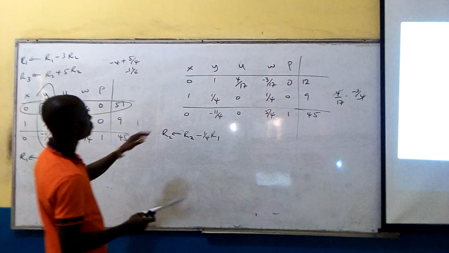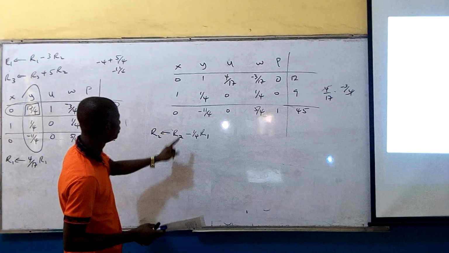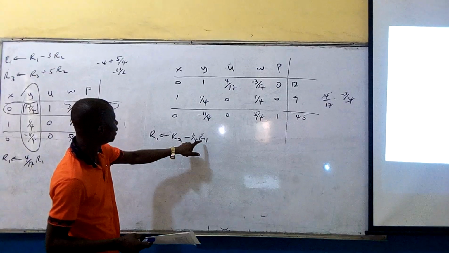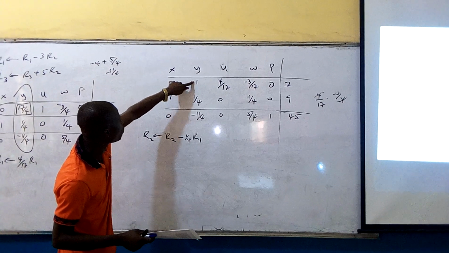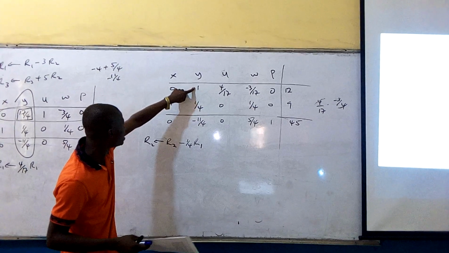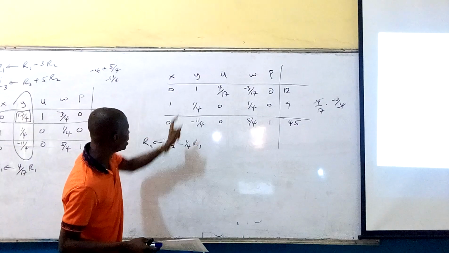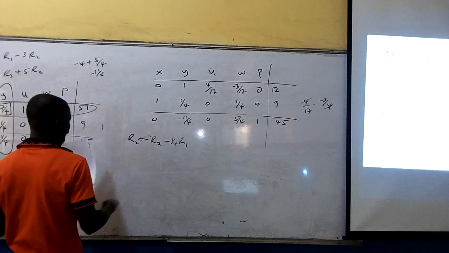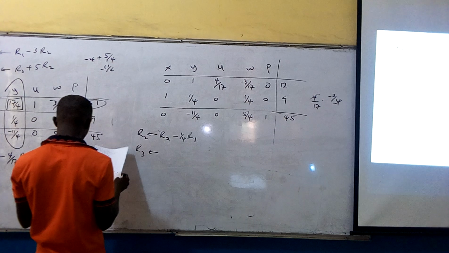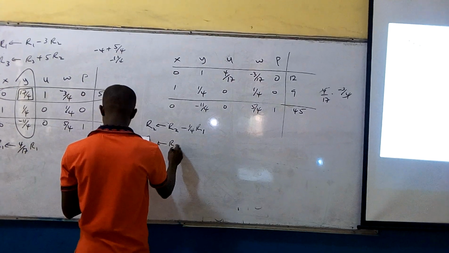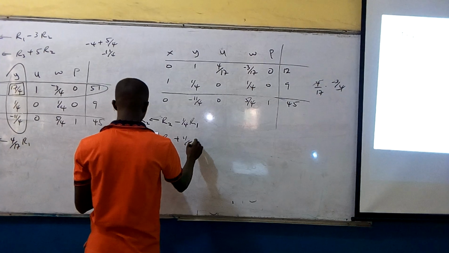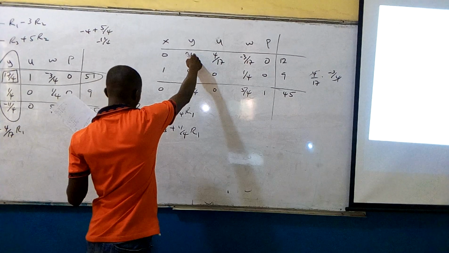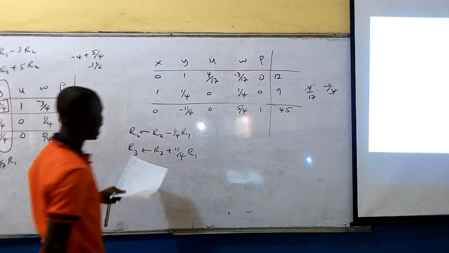So when you have R2, now 1 over 4 R1. You multiply R1 by 1 over 4, then whatever we have here minus R2 will replace R2. Then R3 will be replaced by R3 plus 11 over 4 R1. So multiply R1 by 11 over 4, then add it to row 3.